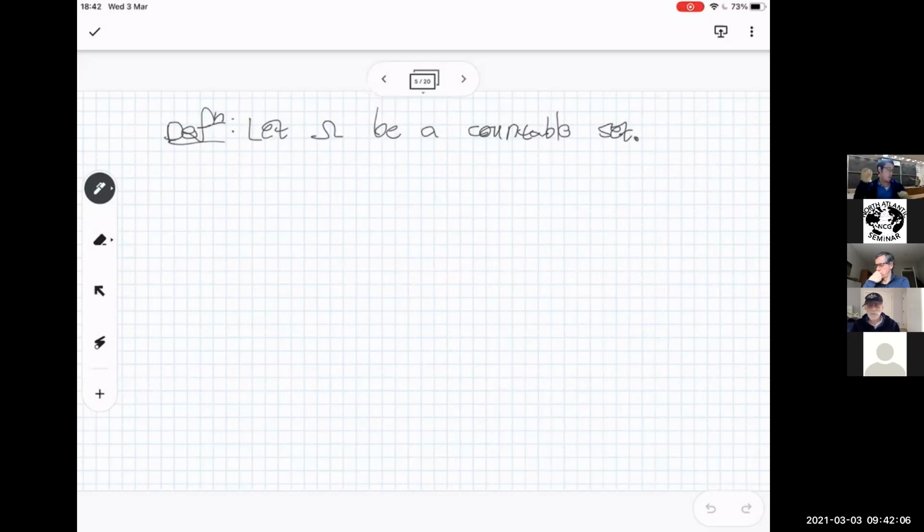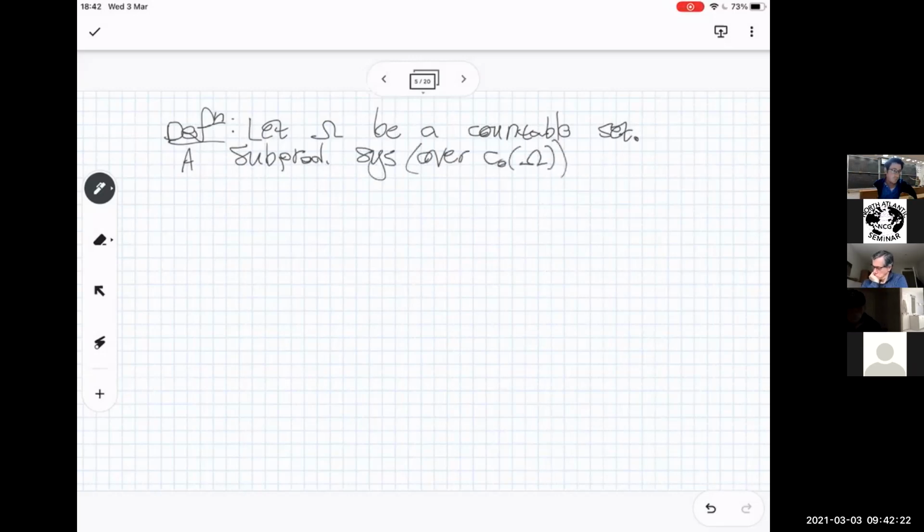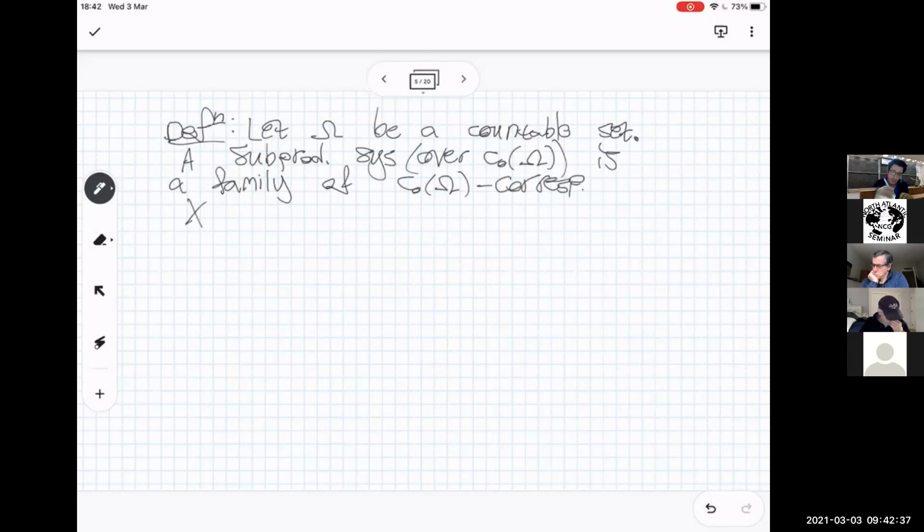All right. So suppose omega is a countable set. A subproduct system over C0 of omega is a family of C0 omega correspondences. If you don't know what these are, don't worry. X equals (Xn), such that we have the following conditions.